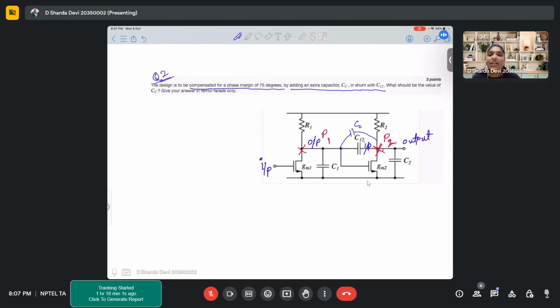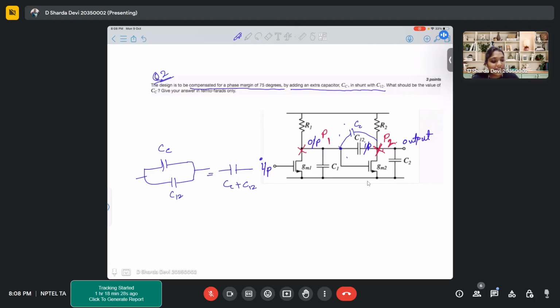So what should be the value of CC? That is the question. So you are introducing another capacitor in parallel. So the effective capacitance over this region is like CC parallel to C12, which is effectively equal to CC plus C12 because of capacitance.